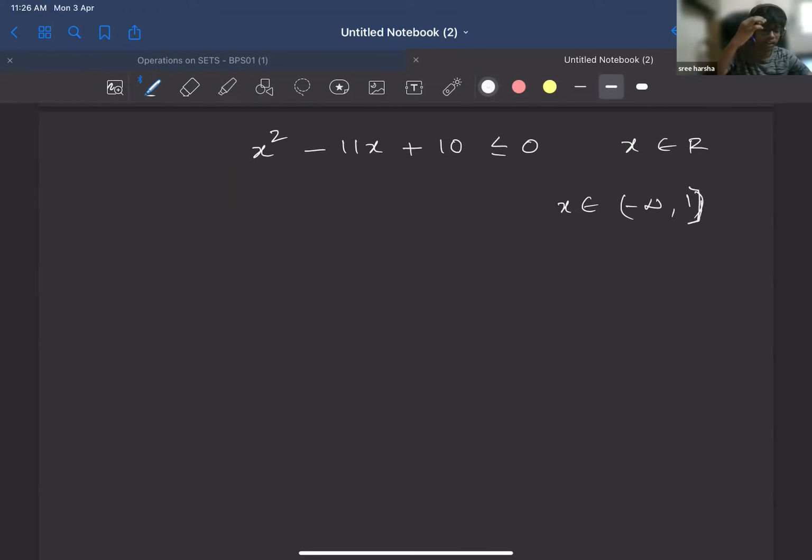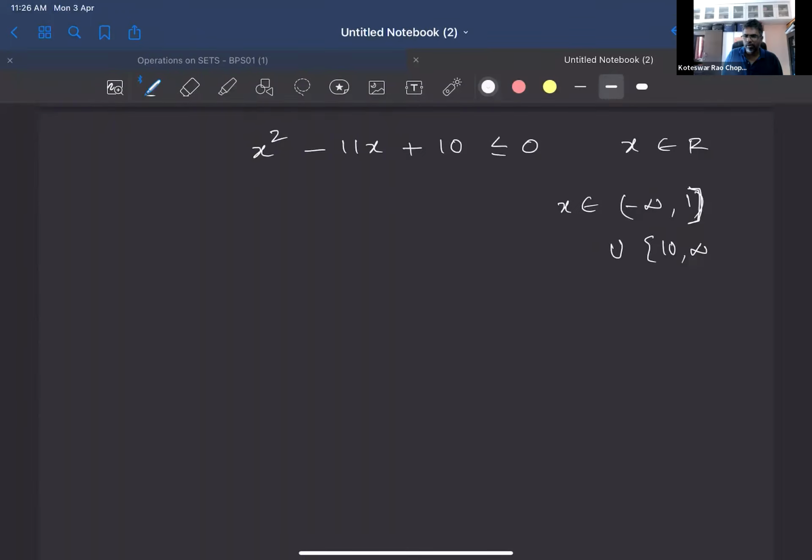Okay, and then the union, okay, and then square bracket 10, and infinity, and bracket. Okay. Om, do you agree with this answer?